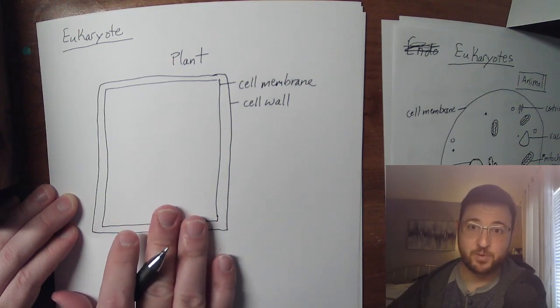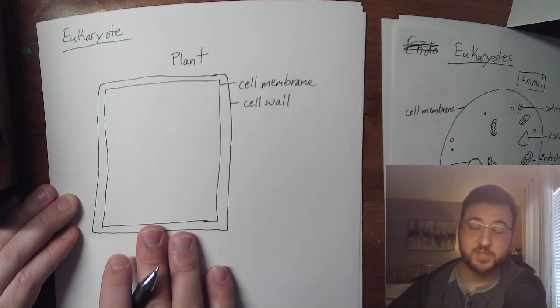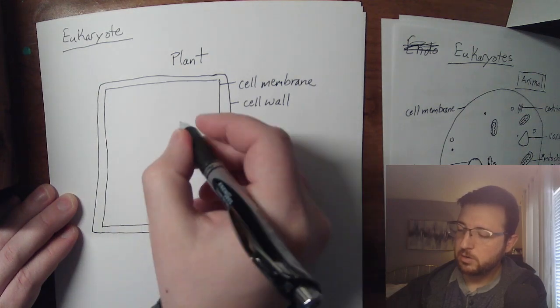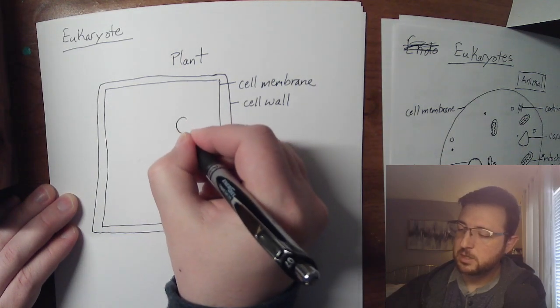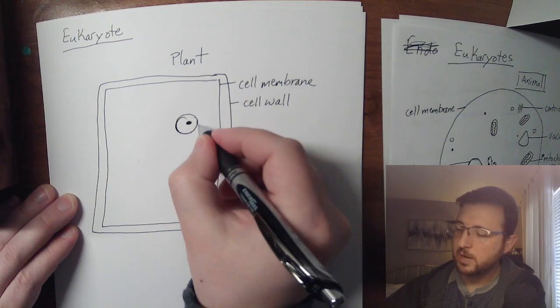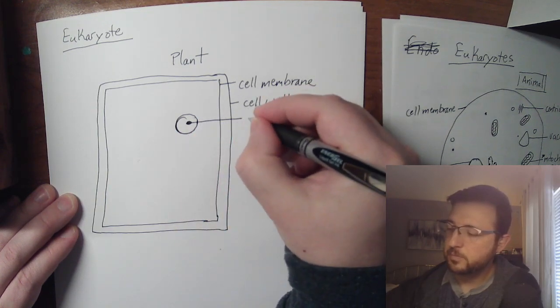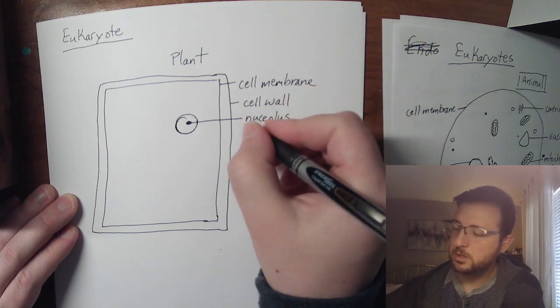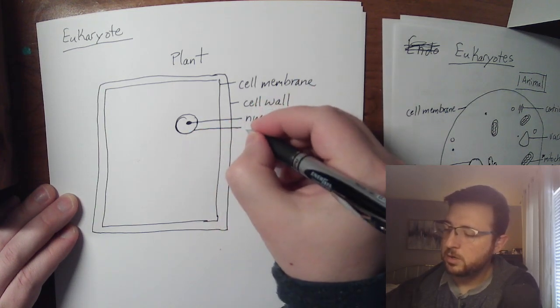This is a big difference between these two kinds of cells. Then let's draw the nucleus, because plant cells are eukaryotes, and they'll of course have a nucleolus and nucleus.